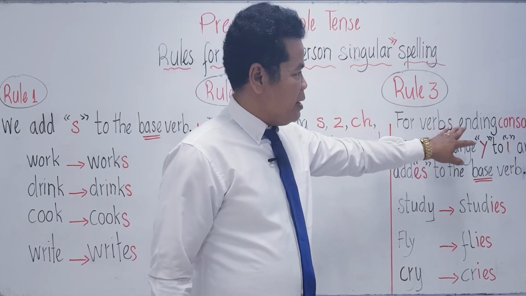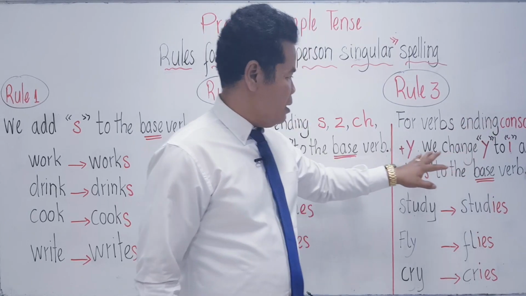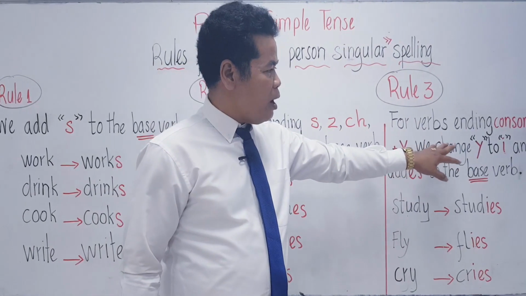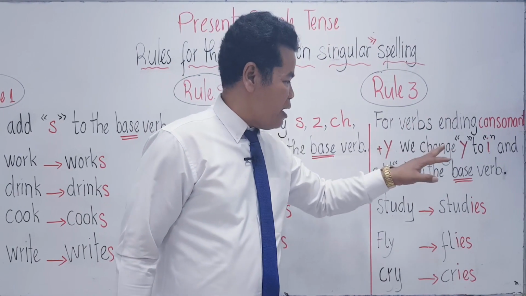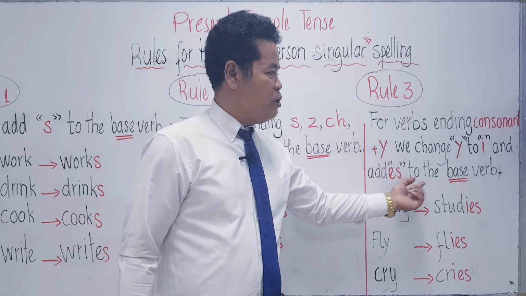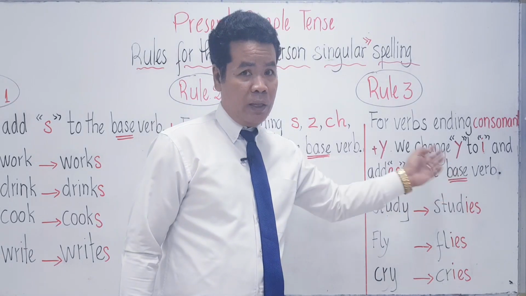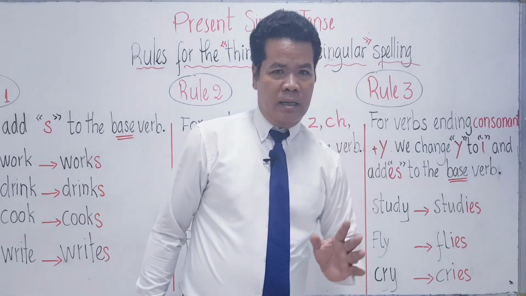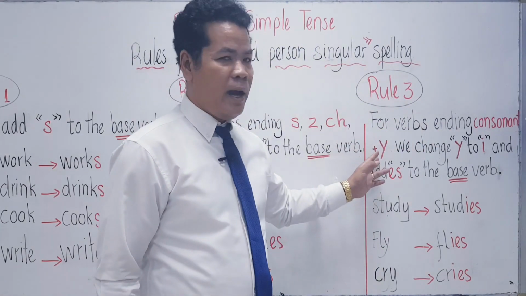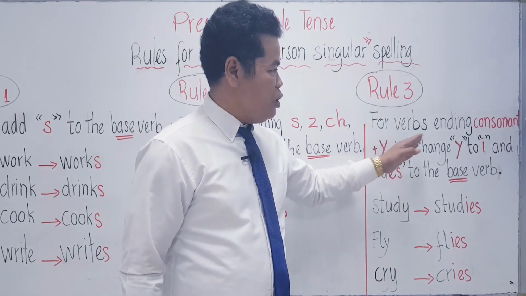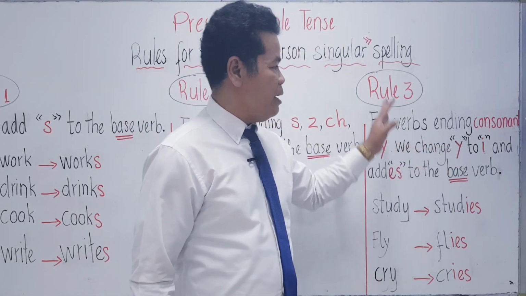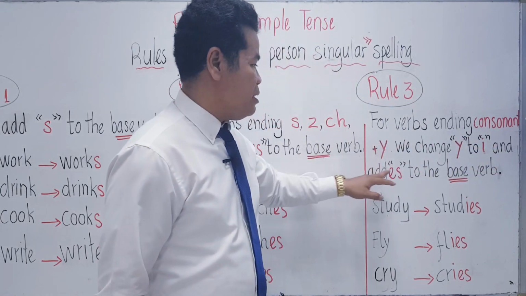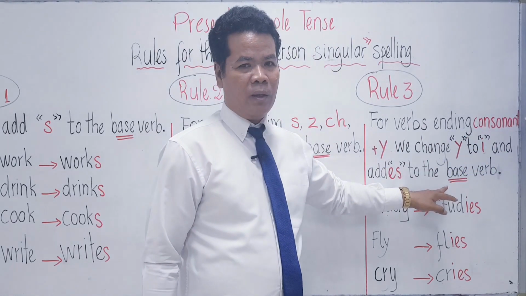For words ending in a consonant followed by a letter Y, we change Y to I and then add ES to the base word. Look at it again. For words ending in a consonant followed by letter Y, we change letter Y to letter I and add ES to the base verb.